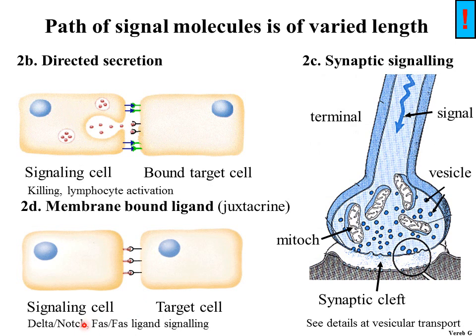An example that you will be studying in more detail is the interaction between Delta and Notch in the development of the nervous system, but later on in your studies I'm quite sure that you will be meeting the Fas ligand system, which is a pathway stimulating cell death.